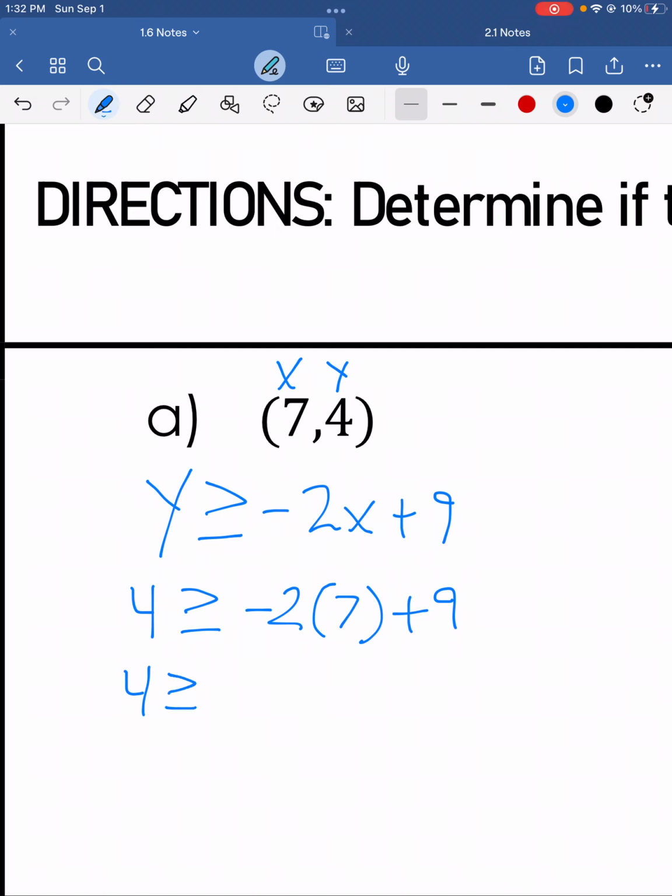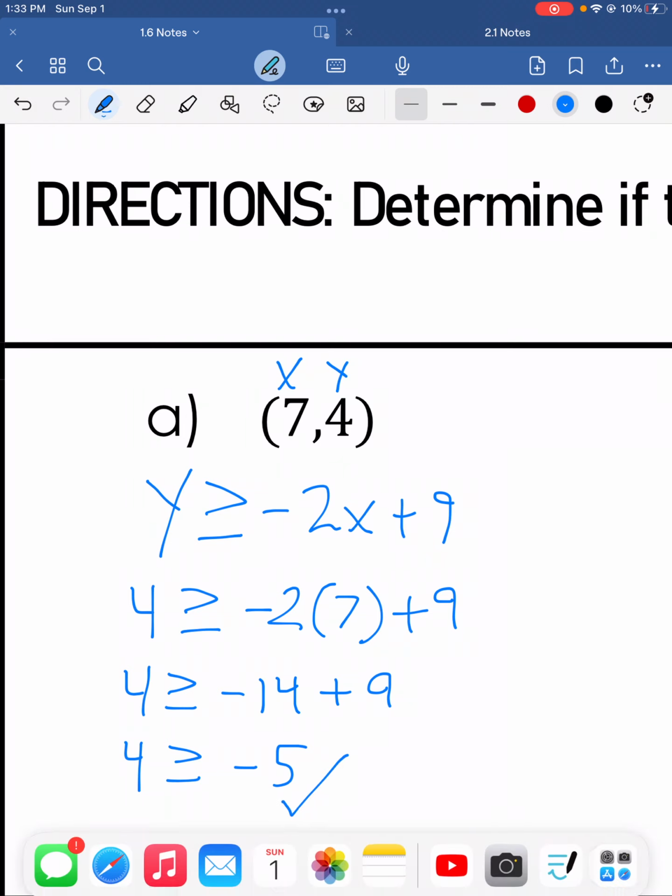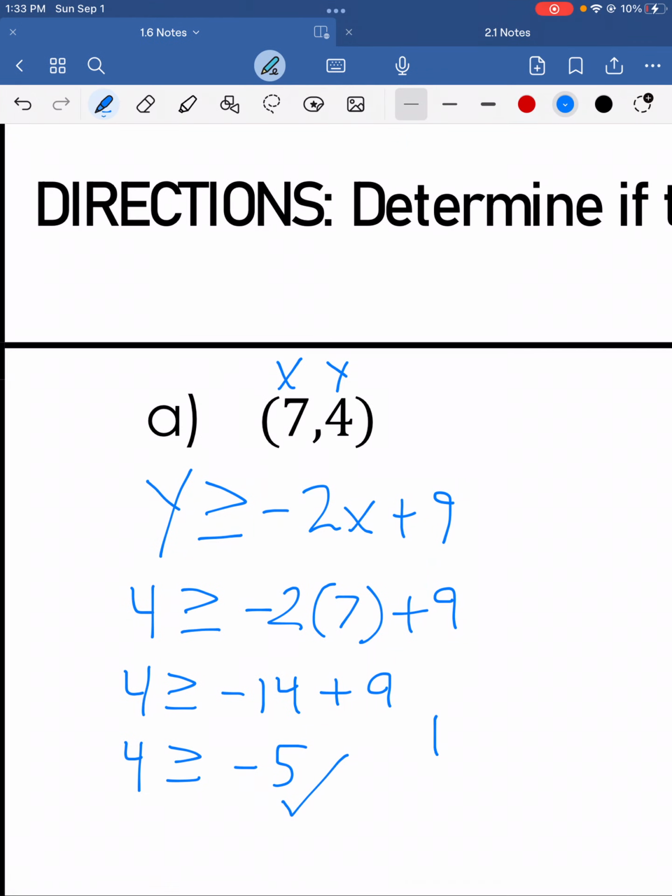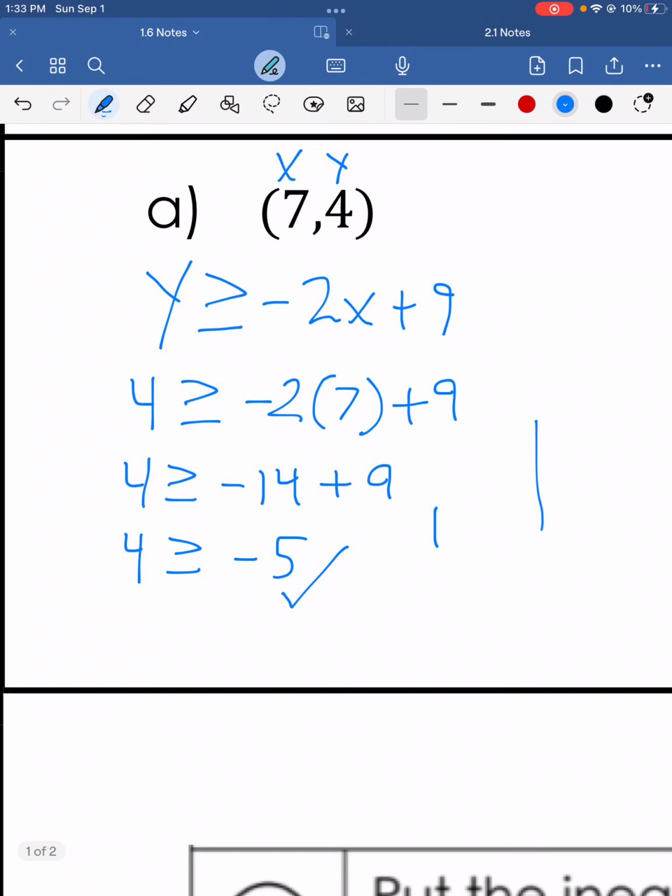We can simplify. We get negative 14 plus 9, and negative 14 plus 9 is negative 5. And we get that 4 is greater than or equal to negative 5. That is true. So yes, this is a solution.